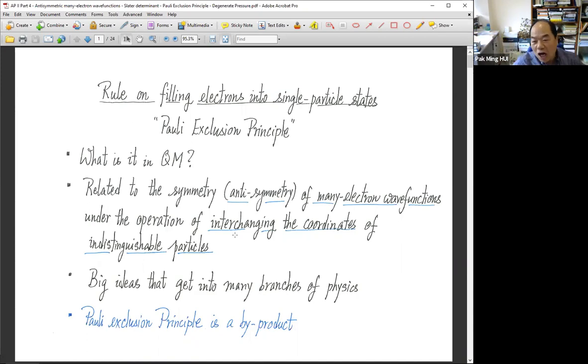Okay, same charge, same mass, same spin half, identical. But here, I would rather stress the point about indistinguishability. They live together in a close vicinity so that we cannot distinguish one from another. Okay, and that will lead to some requirement on the wave function, and that is the discussion here.